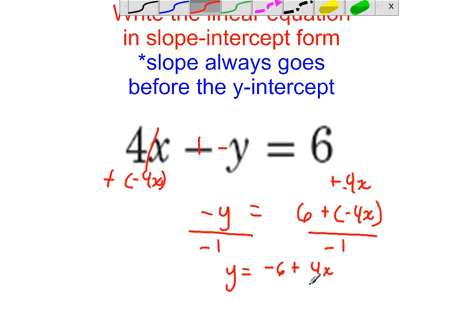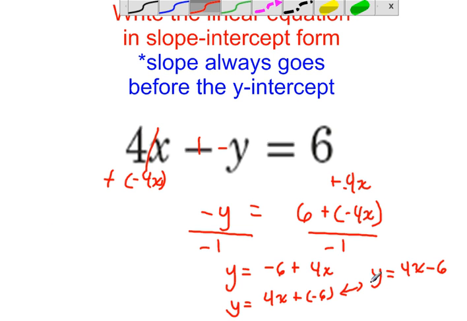Our last step is to make sure we put our x term, the 4 is our slope, first. So it's going to be 4x plus negative 6, or if we want to write it as y equals 4x minus 6. Either way is correct.